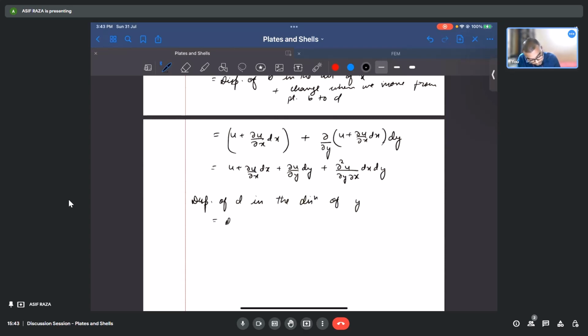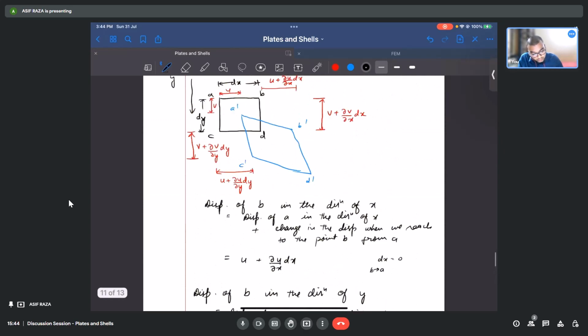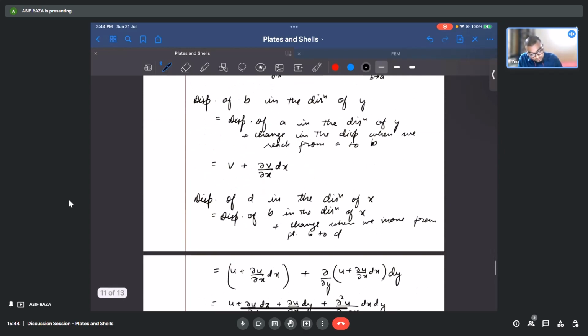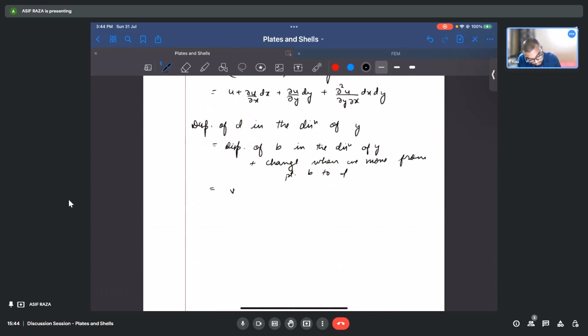It would be the displacement of B in the direction of y plus the change when we move from point B to D. The displacement of B in the direction of y is v plus ∂v/∂x dx, correct?